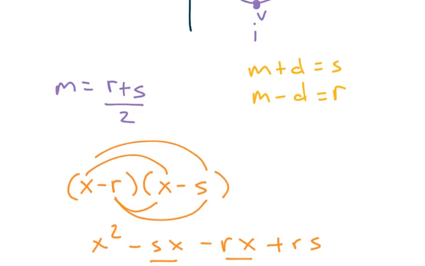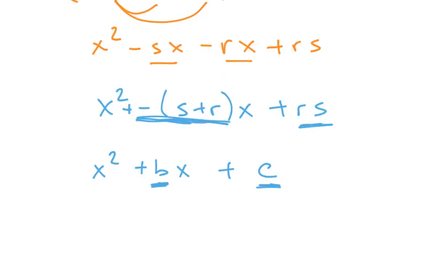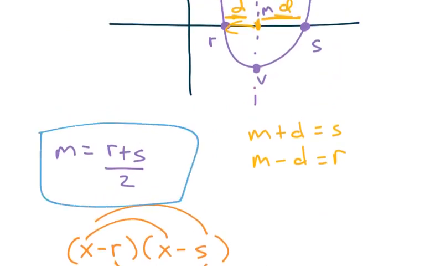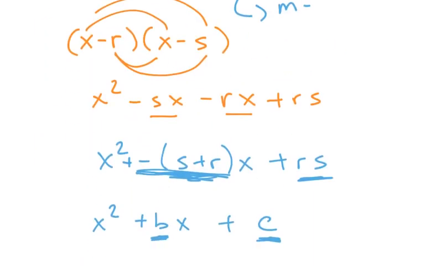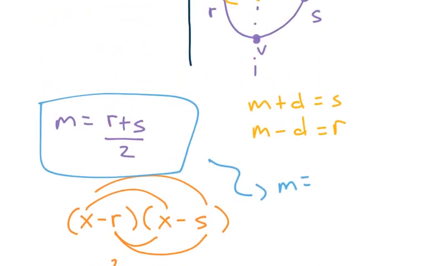Well, with this information, if I know that b is negative s plus r, and I know c is rs, and we have this relationship right here, then that means that m is actually equal to, now keep in mind that negative s plus r is b, so if m is r plus s divided by 2, then negative b over 2 is m. Think about it.